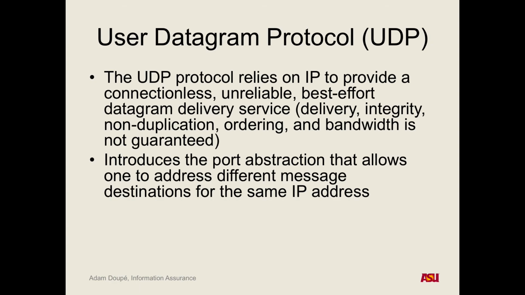You can have multiple different applications or network services running on a single IP address, and the port allows you to differentiate between them. This is why you can run an HTTP server, a DNS server, and a mail server all on one IP address, one node, because they occupy different ports.